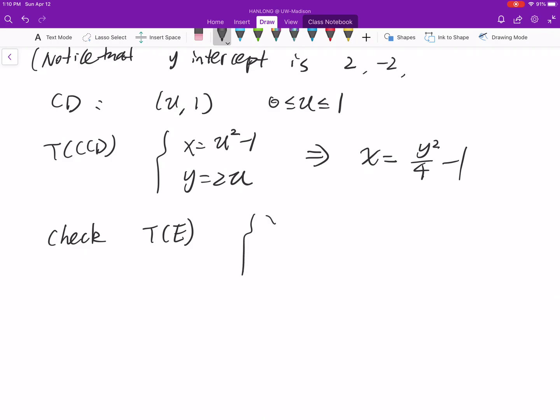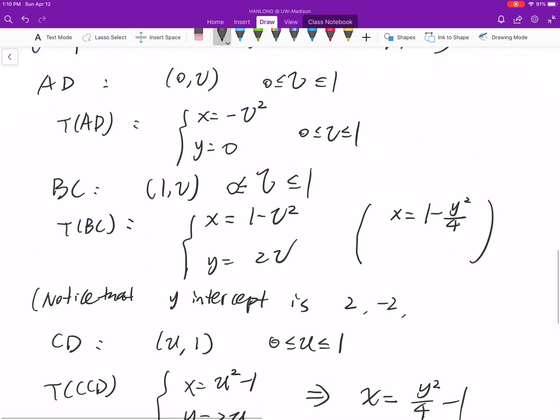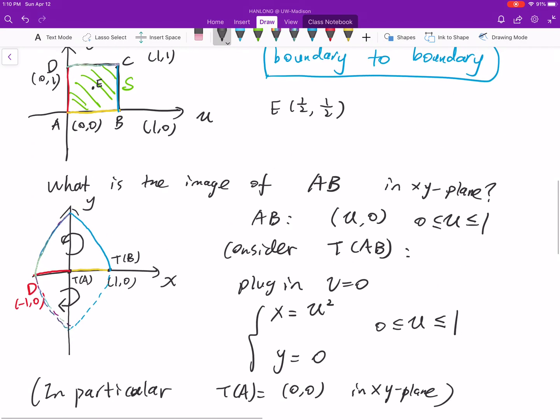So TE's x is (1/2)^2 minus (1/2)^2, y is 2 times 1/2 times 1/2. So x is 0, y is 1/2. Therefore, the image of E is here. This is TE.